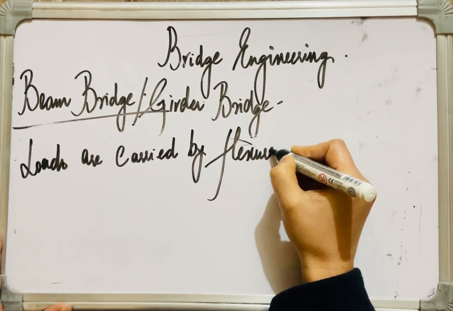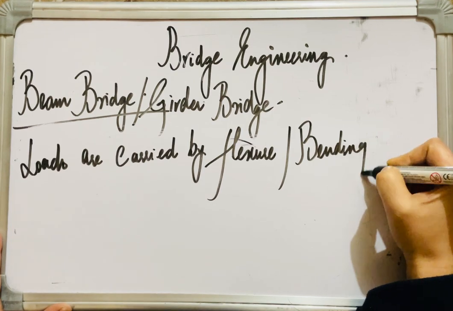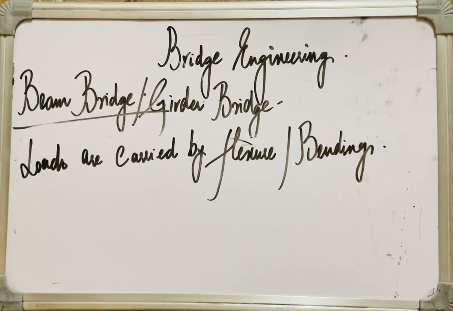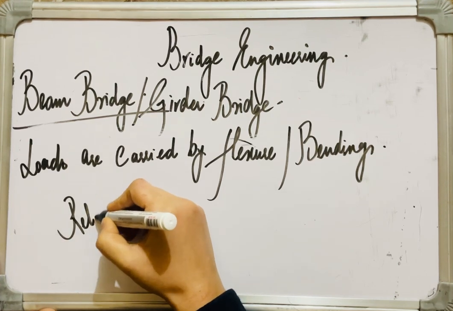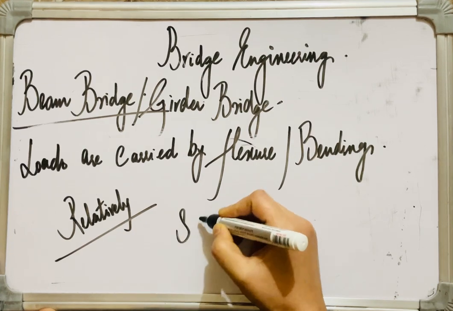And flexure means bending. All right. So the loads are carried in a beam bridge by flexure. And these beam bridges or girder bridges are very feasible for short spans. It must be known.